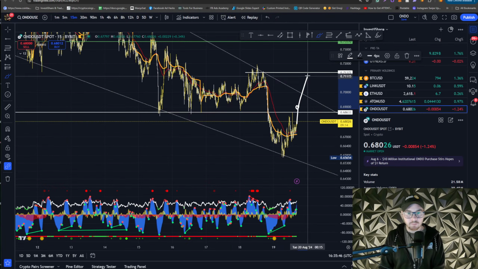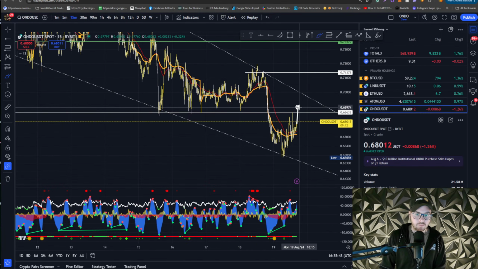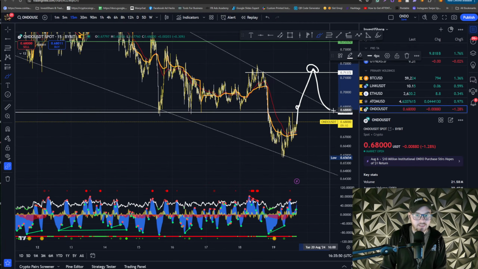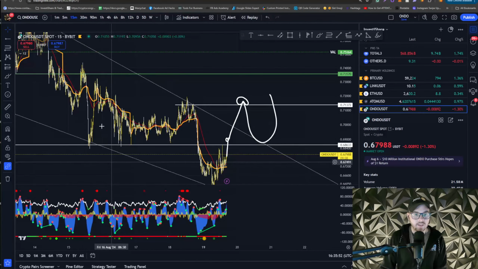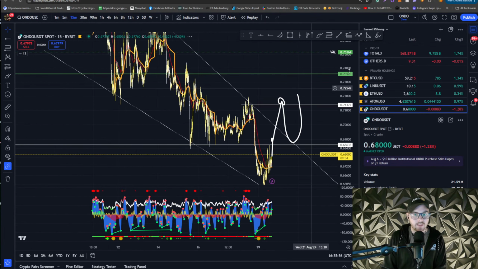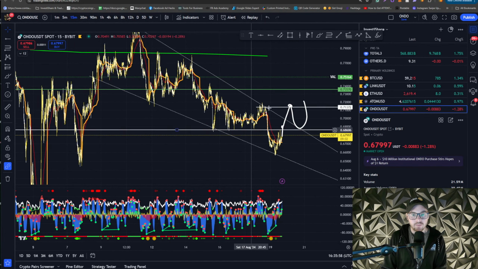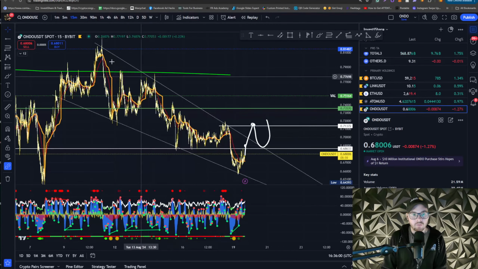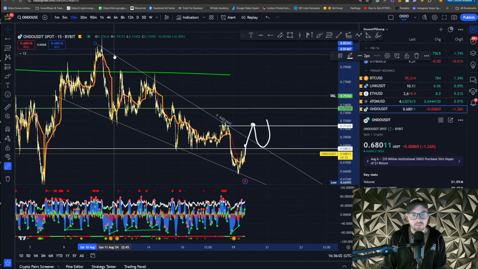If we get the momentum, then we're going to have to watch this local resistance again, draw the price back down, and maybe we'll get the inverse head and shoulders reaction when we retest this area and get the higher high.